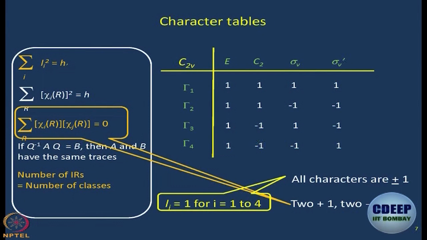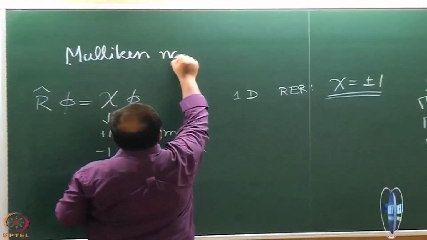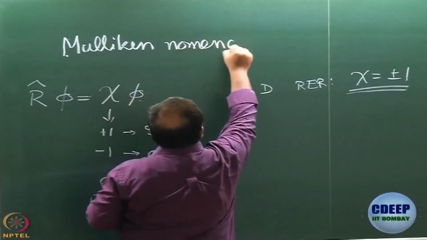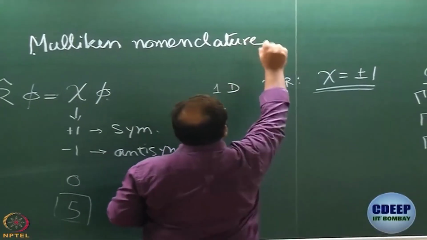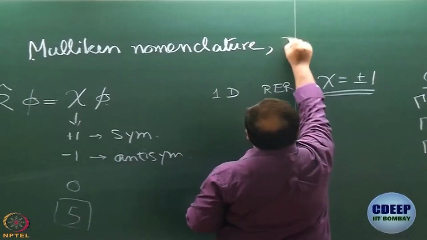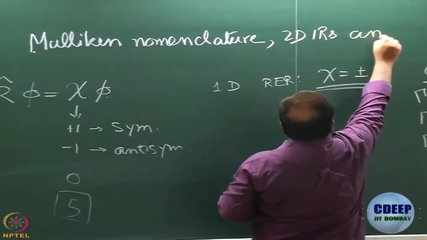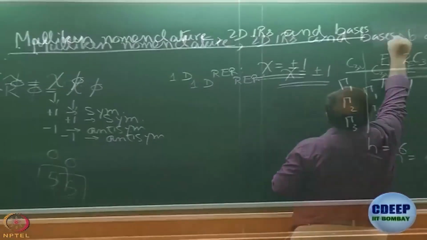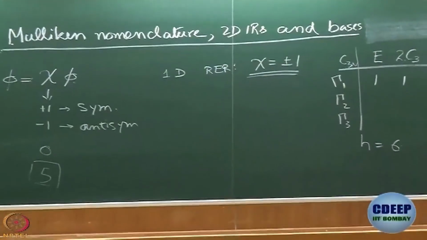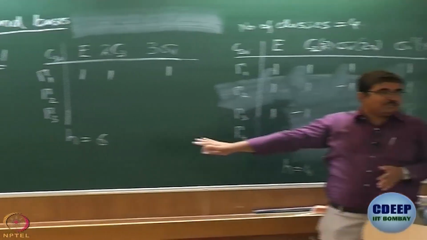So, what we are going to discuss now is Mulliken nomenclature, (2D) irreducible representations, and we will also discuss the bases. So, the question is, which one do we want to do first? Let us finish the story of C3V and then come back to it.